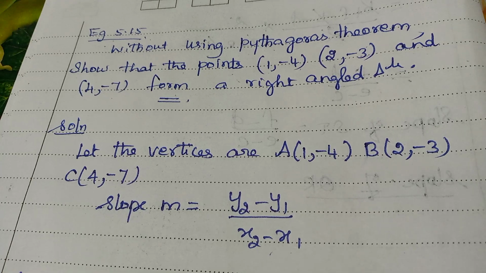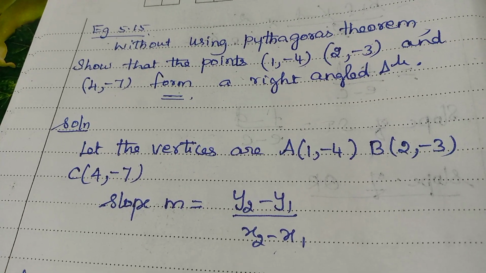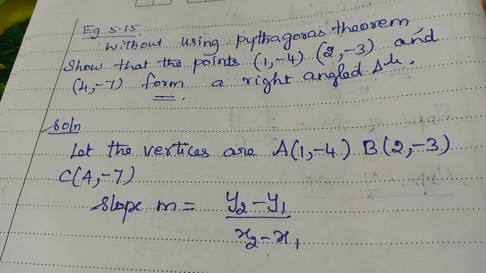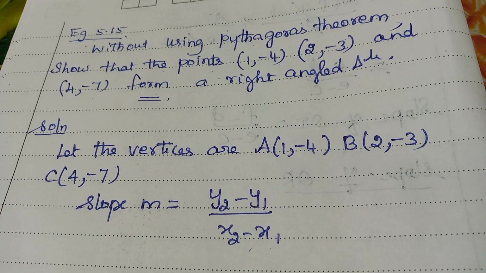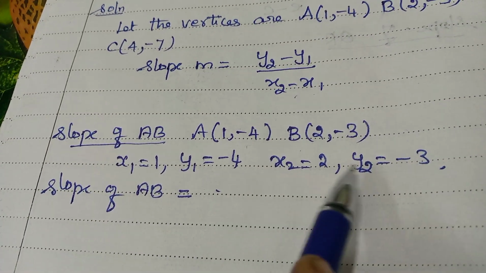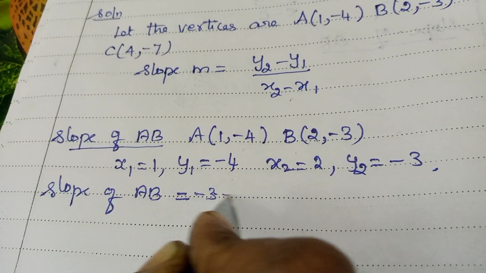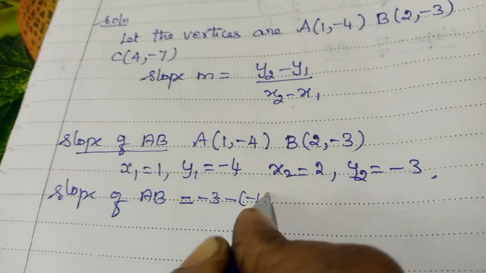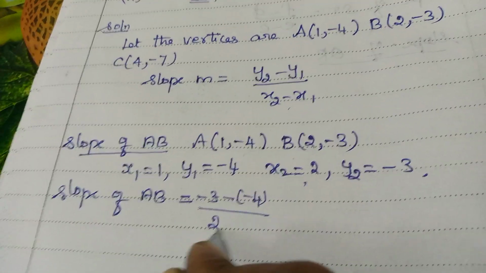First, let us find the slope of AB. For that we have to use the A point and B point. The slope formula is y2 minus y1 by x2 minus x1. Here y2 is minus 3, minus y1 is minus 4, divided by x2 minus x1, that is 2 minus 1.